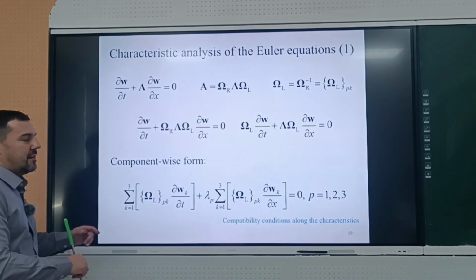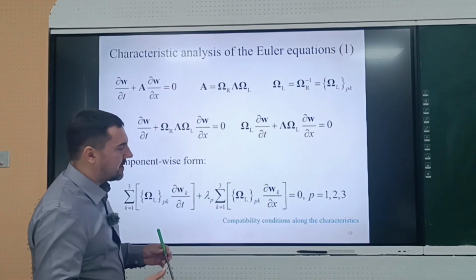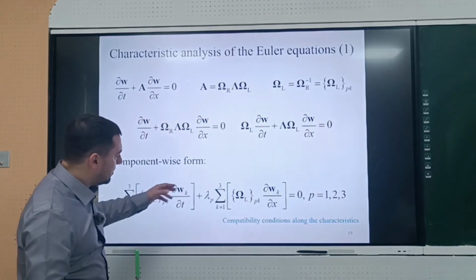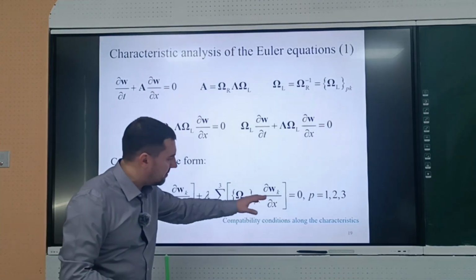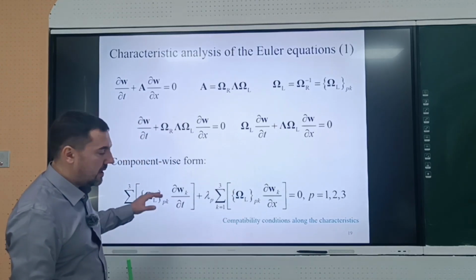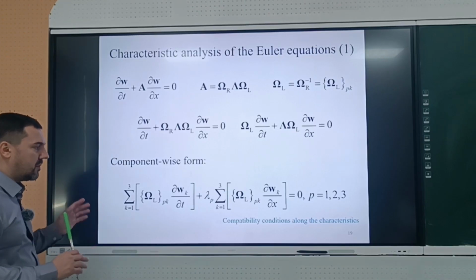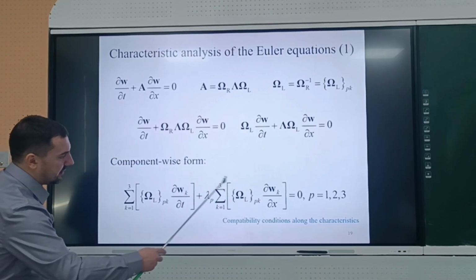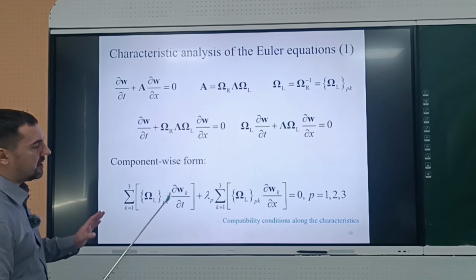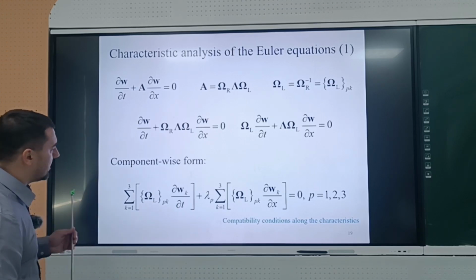And before the finite element methods were widely used, people created numerical methods based on approximation of these compatibility conditions. So from a historical point of view especially, but also nowadays for a number of numerical methods, these compatibility conditions are important for the construction of numerical methods as well, not only for the analysis of properties of the Euler equations.